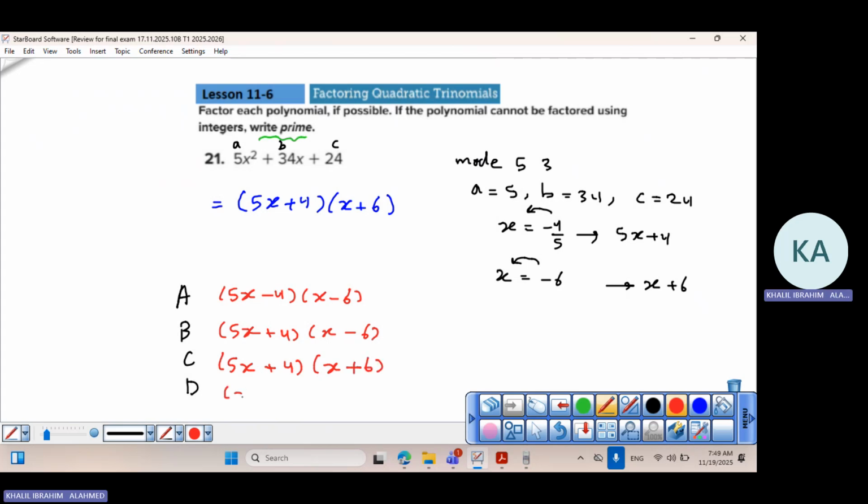Here x plus 6, here 5x minus 2. Which one is right? I think C. This is the answer. Okay, the correct answer. Be careful about this question.